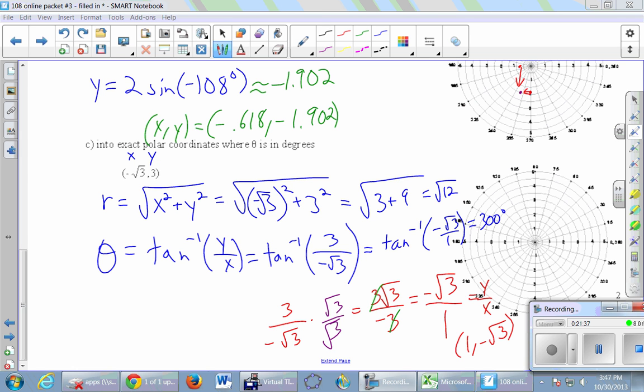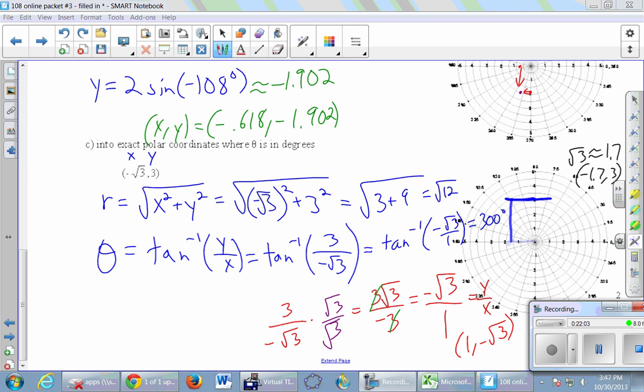Okay, so let's see if we can plot this point in XY land and then see if it gives us what we expect. So XY land, negative root 3 comma 3. Okay, so root 3 is around, what, 1.7. And so we're going negative 1.7 comma 3. Okay, so we can estimate that. So we go negative 1.7, so around there, and then up to 3.